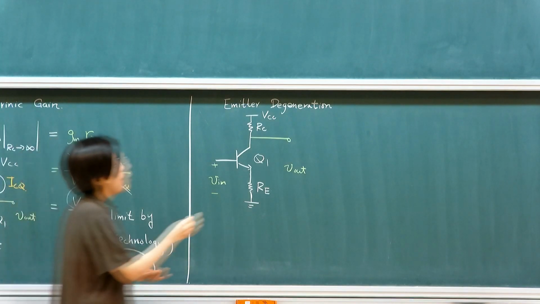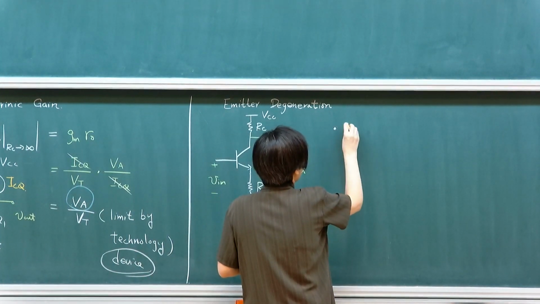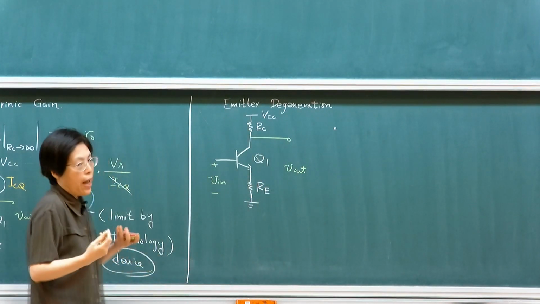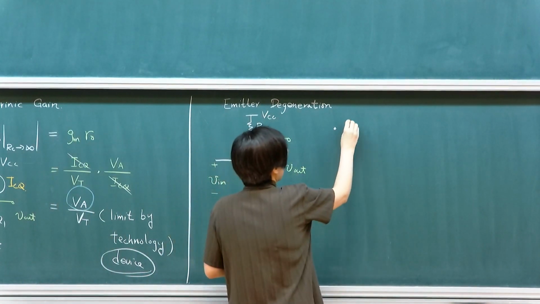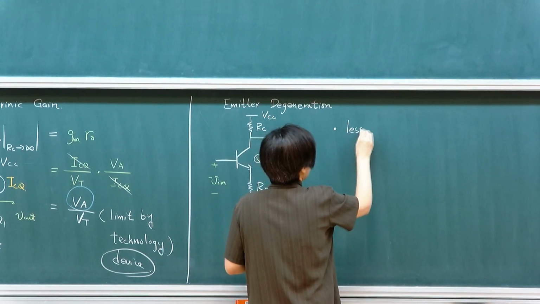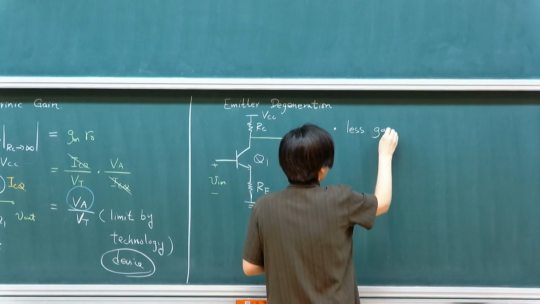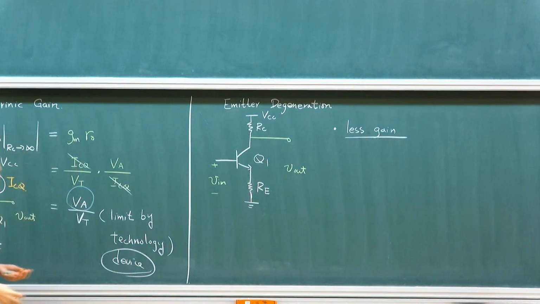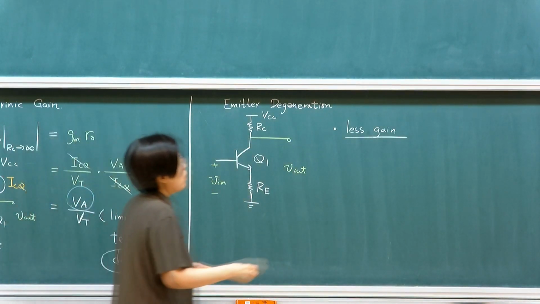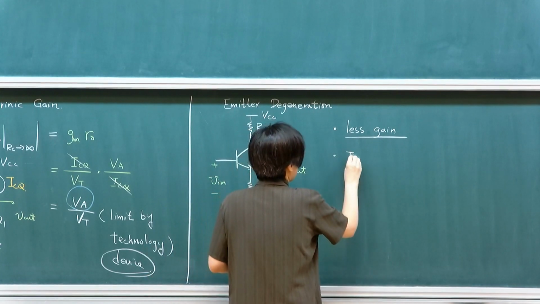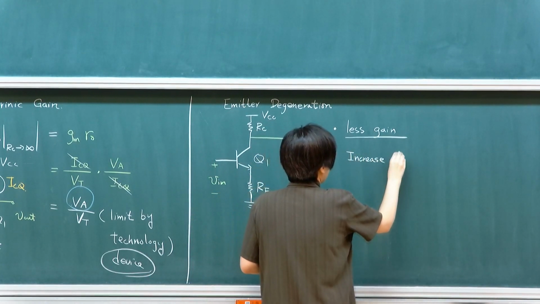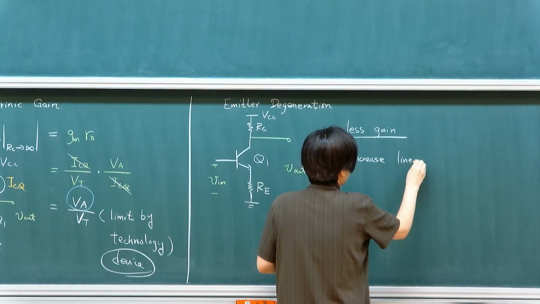As I said, by adding RE, this degenerate circuit will actually reduce the gain. We're going to look at why it reduces the gain. But it will then increase what we call linearity.